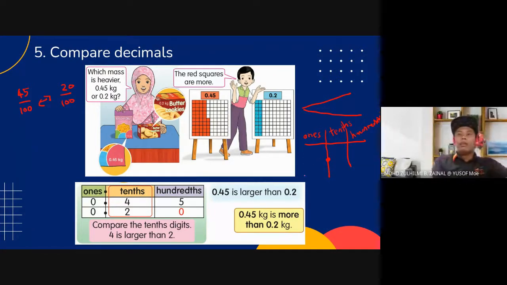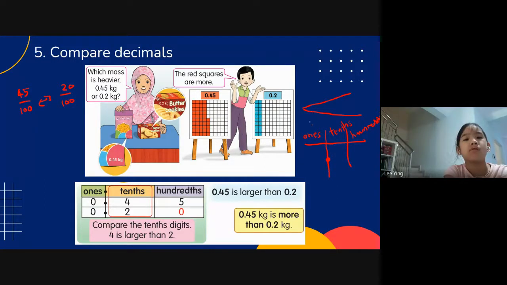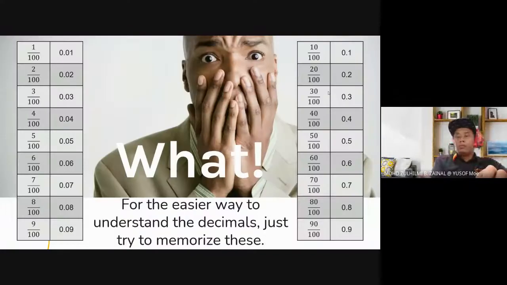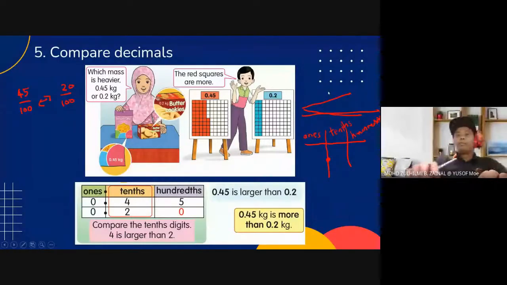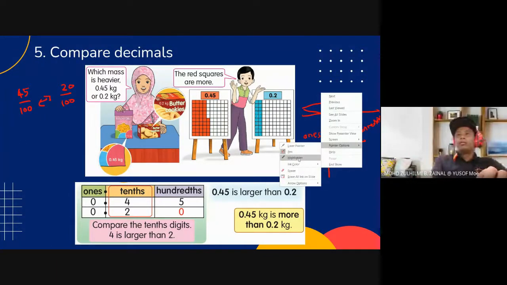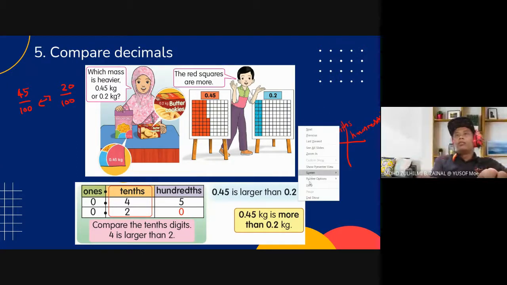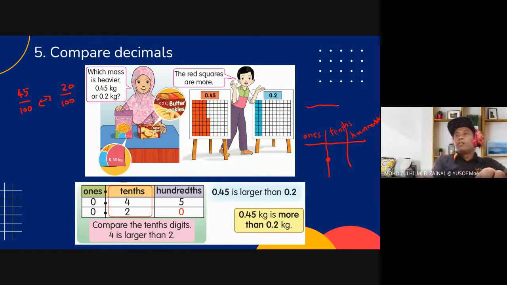Okay, macam mana nak tahu determine how this? Okay, tengok sini je. Kalau kamu ingat our normal place value, okay, macam biasa kamu belajar dulu.